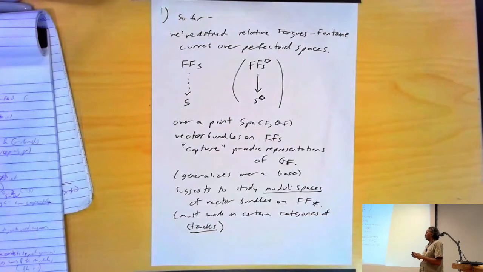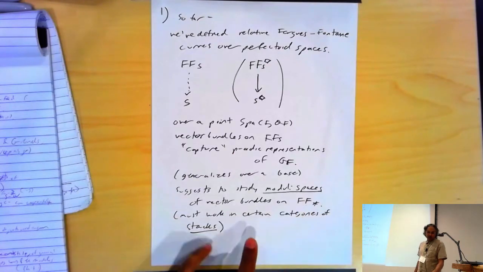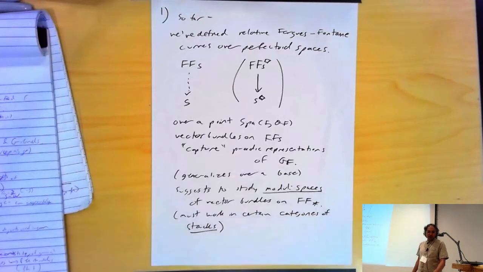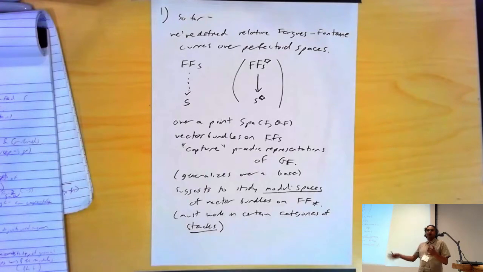So stacks are in some sense a way to dodge the question of building a geometric object by simply thinking about the functor of points that it would correspond to, which is to say, in this case, it would be the functor that turns, say, a perfectoid space into the set of isomorphism classes of vector bundles on this relative Farg-Fontaine curve with certain extra properties, say some semi-stable property, some degree property.